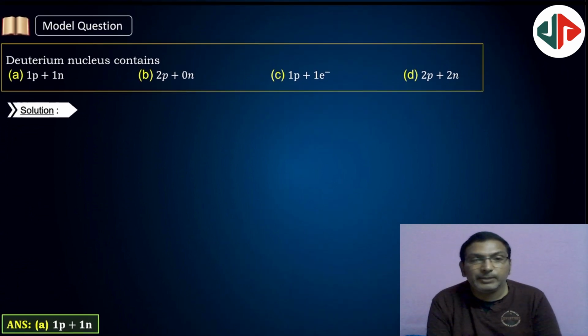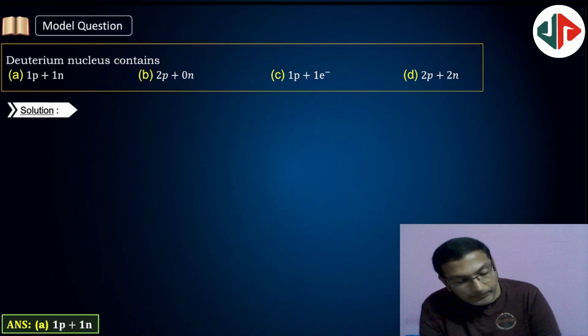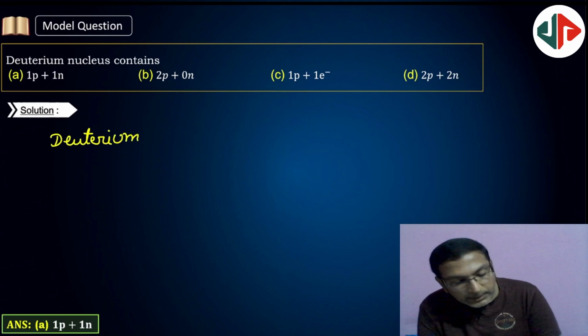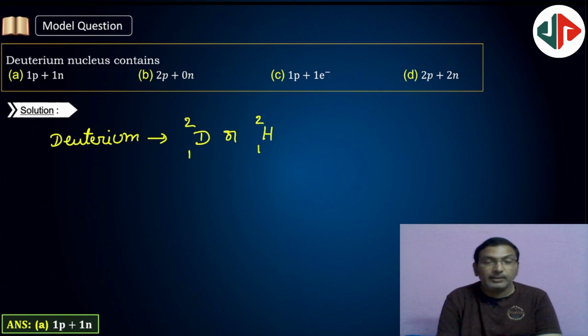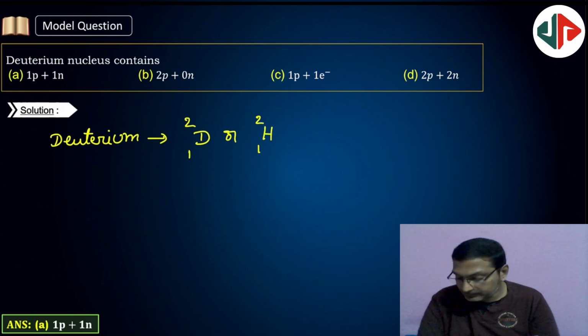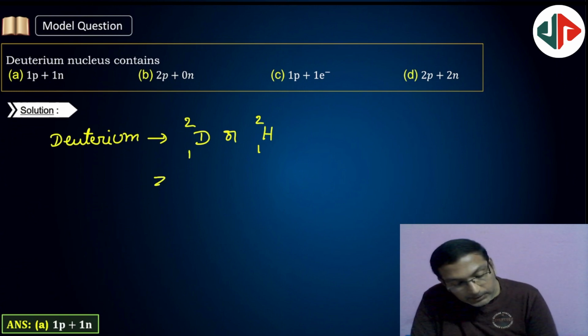So the deuterium nucleus contains... Deuterium is D12 or H12. So Z equal to 1, that is 1 proton.